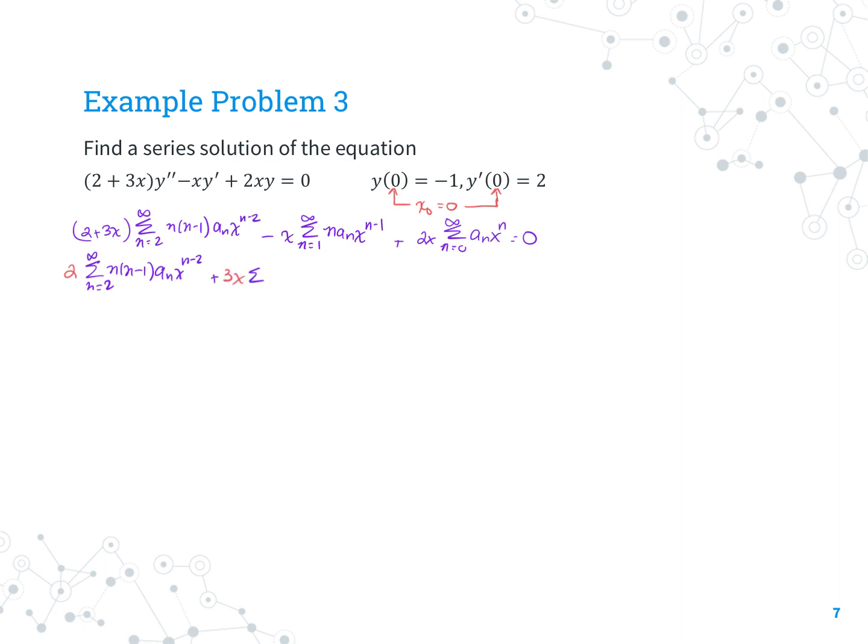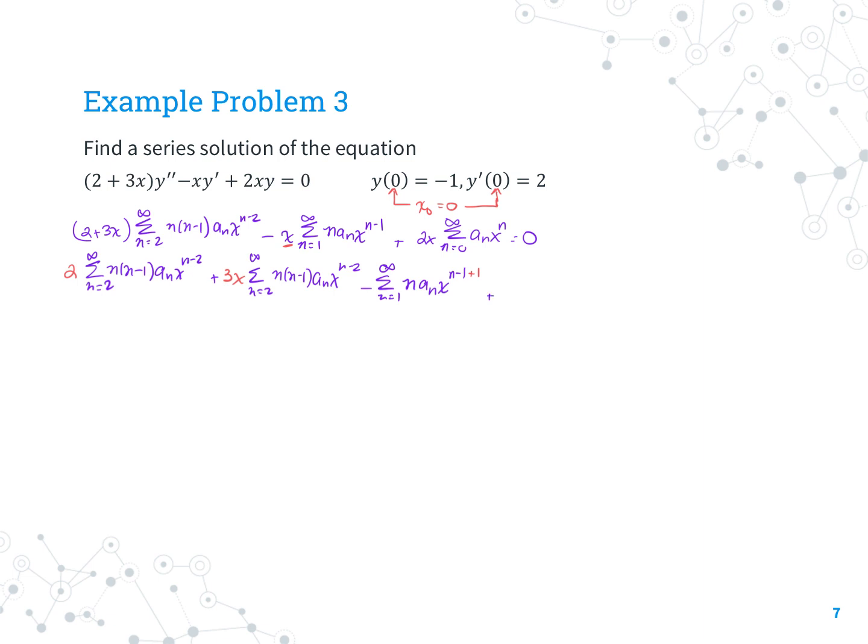Our 3x times our sum from, again, n equals 2 to infinity of n times n minus 1 a sub n x to the n minus 2. And we still have minus our x, and just like last time, we're going to go ahead and move it into our sum from n equals 1 to infinity of n a sub n x to the n minus 1. And when we now bring this term in, it'll be plus 1.